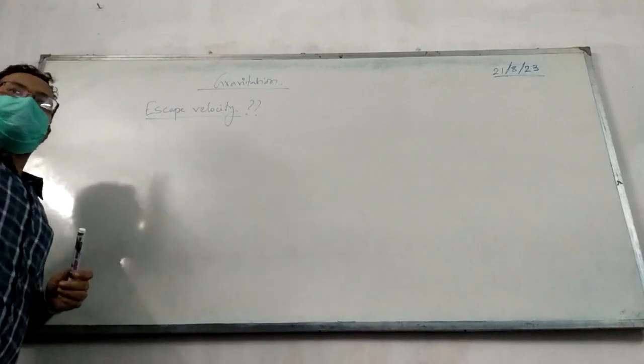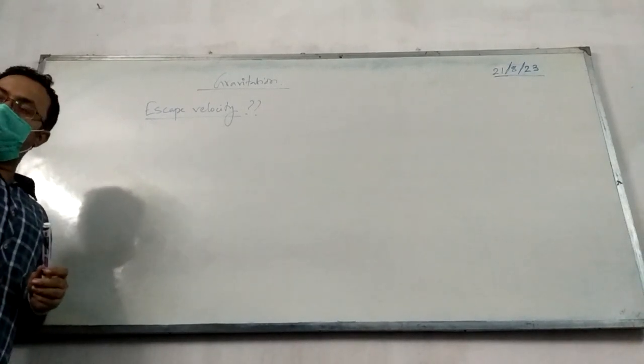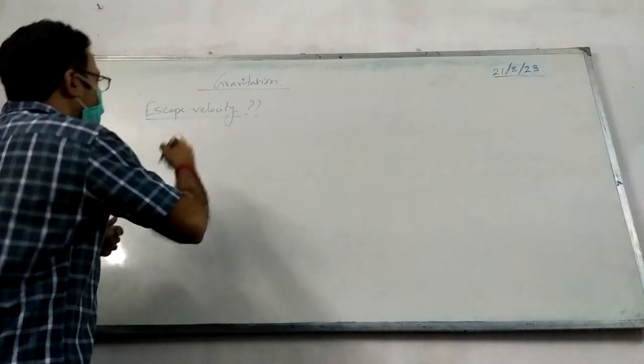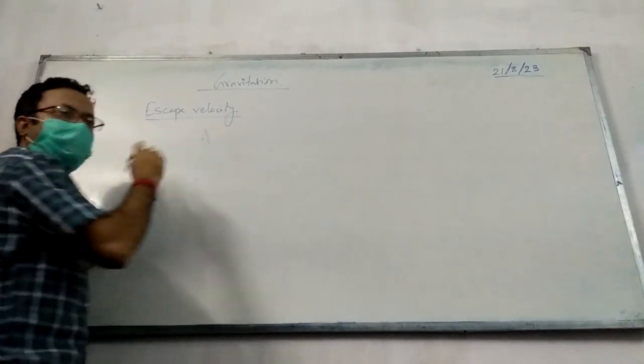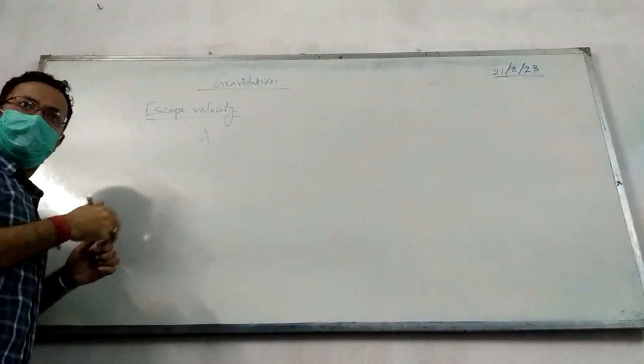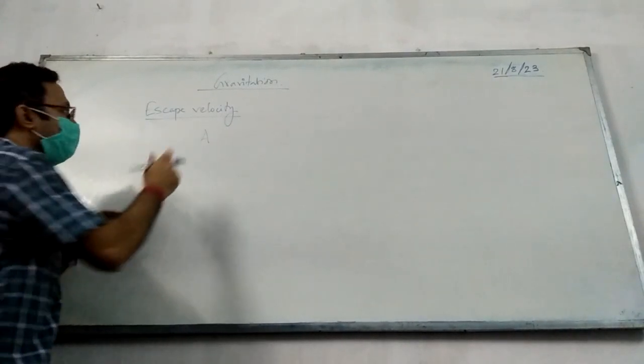Gravitational field के बारे में. Now, if we apply conservation of energy principle, because these are all what force? Conservative force here. So we can apply conservation of energy principle.